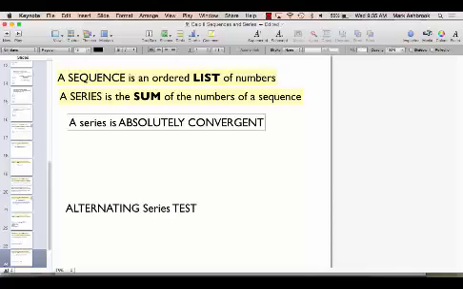What does it mean for a series to be absolutely convergent?